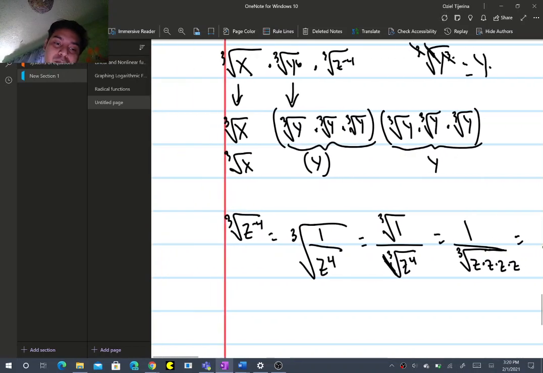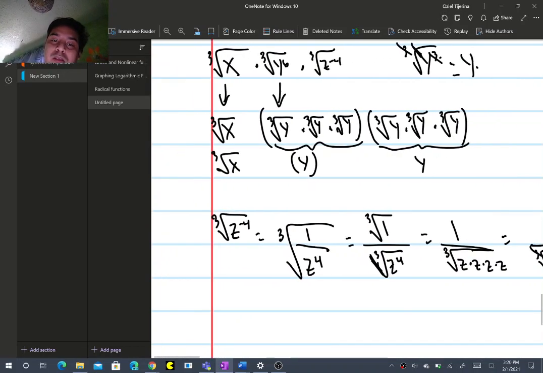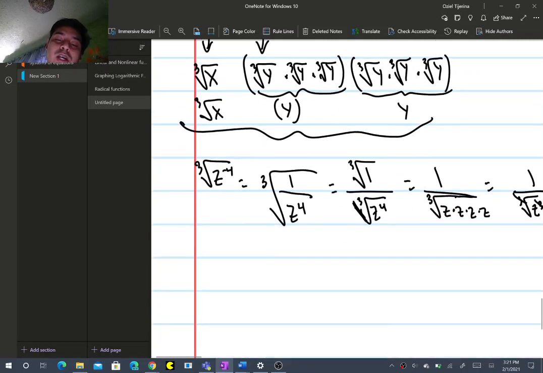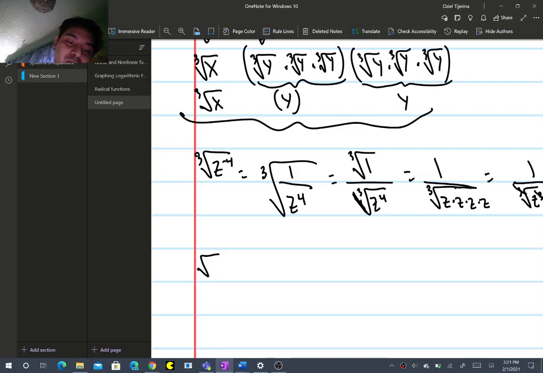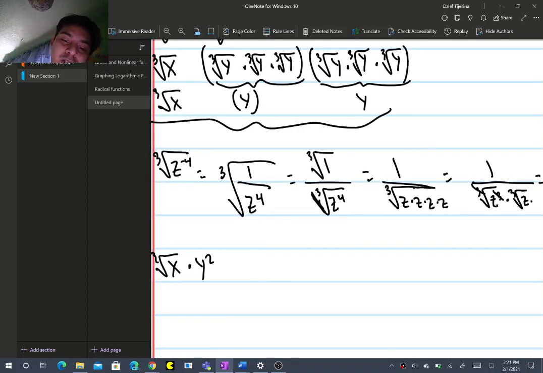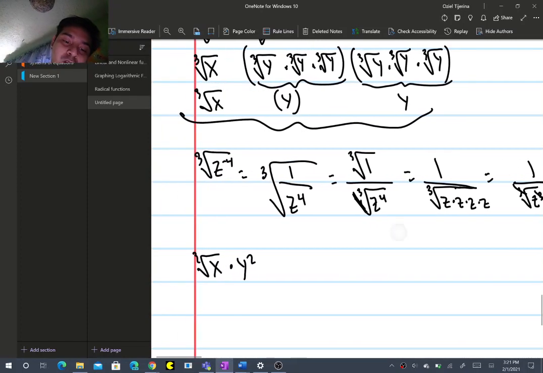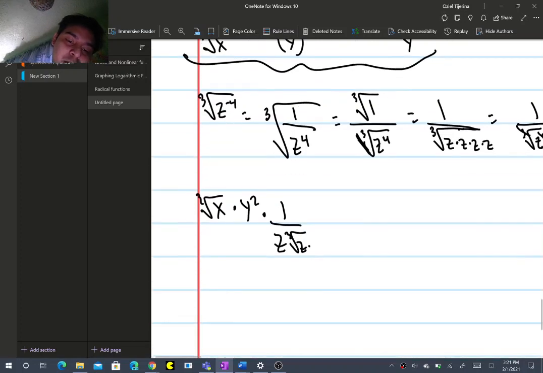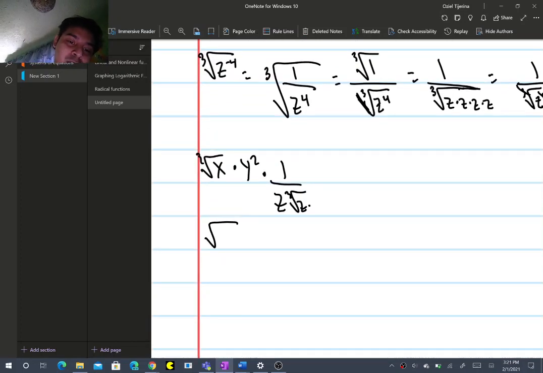And so, with what we already have here, we have the cubed root of x times y squared, and then times 1 over z cubed root of z. So our answer ends up being the cubed root of x times y squared over z cubed root of z.